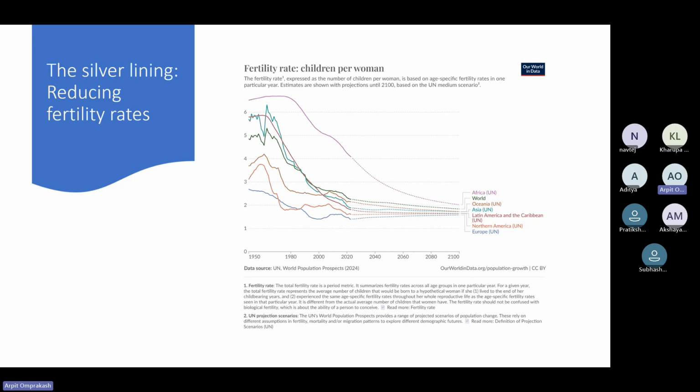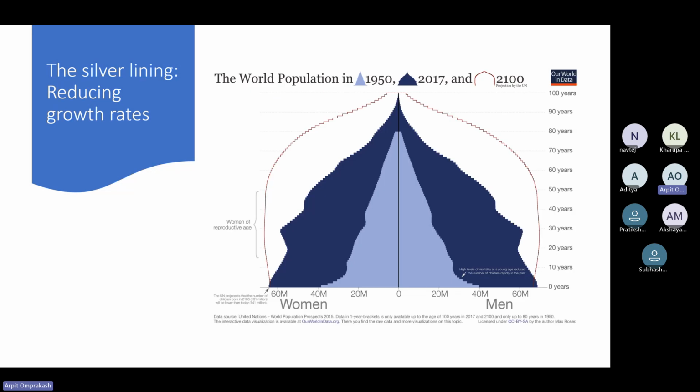Earlier, people used to have six, seven children, but now people prefer to have one or two or maybe no children at all. That is leading to a decrease in the fertility rate. That is also a good thing, because it will lead to a slowing down of population growth and help our population stabilize after a point.